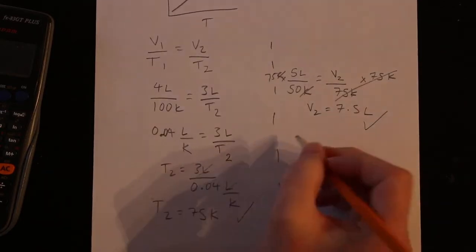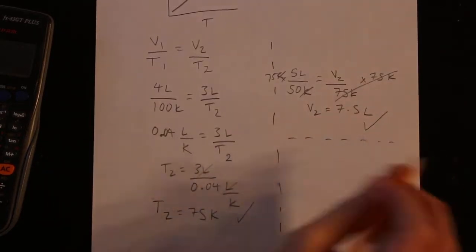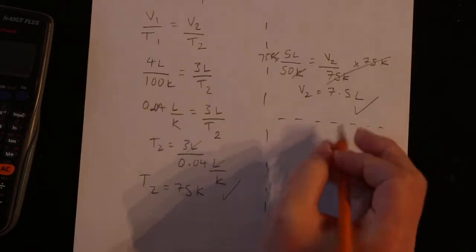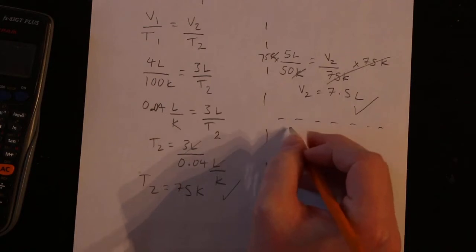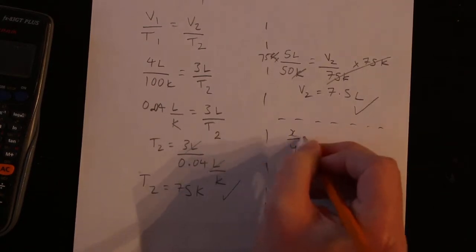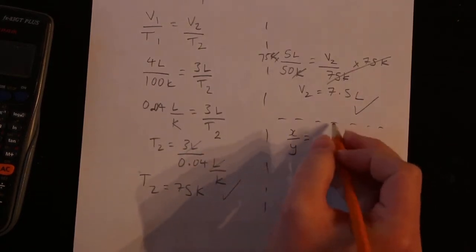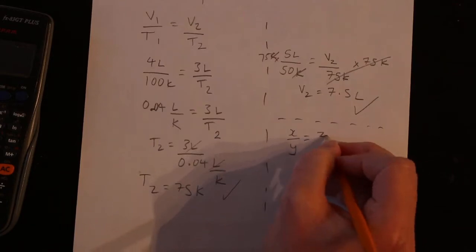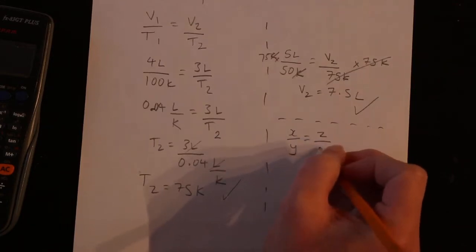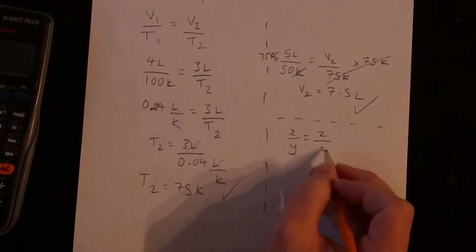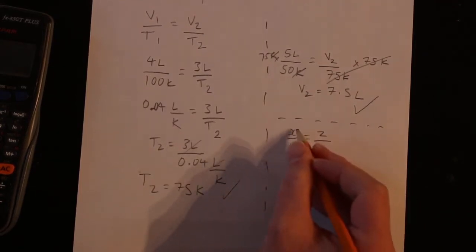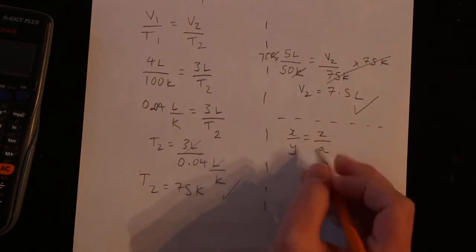Okay, and we can just go over that one more time just to be clear. So if you have, let's just make up some random numbers, like x over y equals z over a, right? And if you want to get a by itself, we can just switch the whole of a with what's on the left hand side.